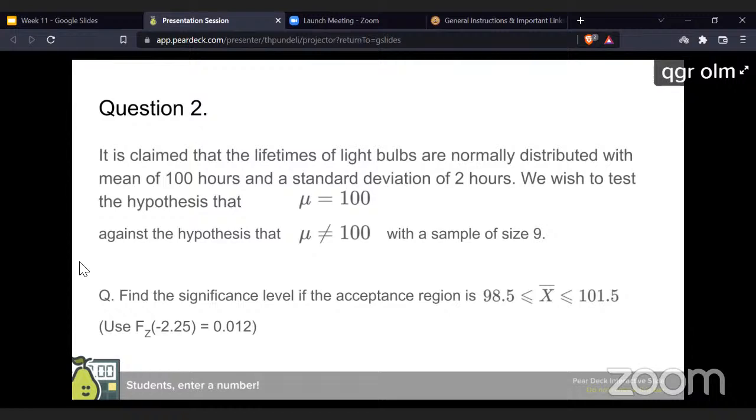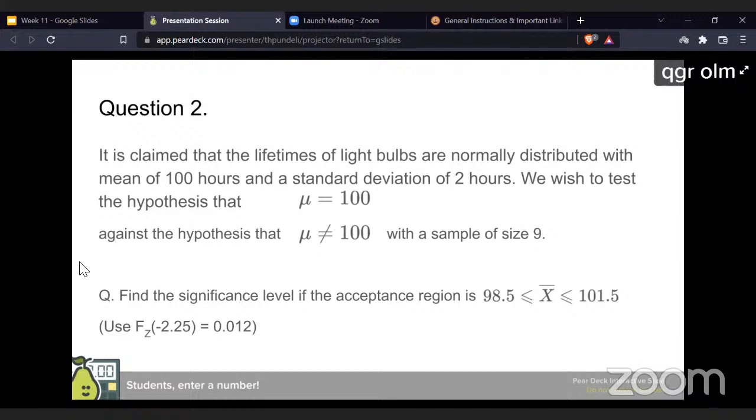If this random variable represents the lifetime of light bulbs, which is normally distributed with a mean of 100 hours and standard deviation of 2 hours, we wish to test the hypothesis that mu equals 100 against the hypothesis that mu not equal to 100 with a sample size of 9.